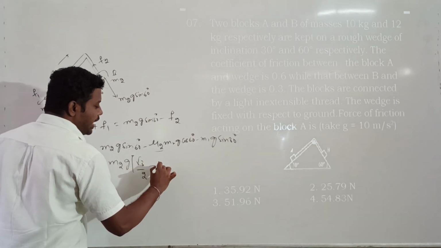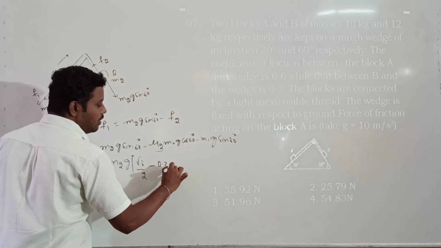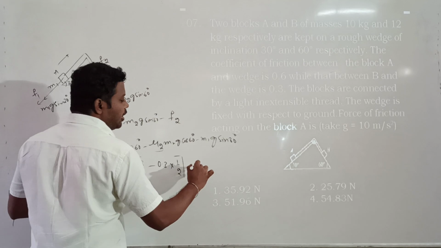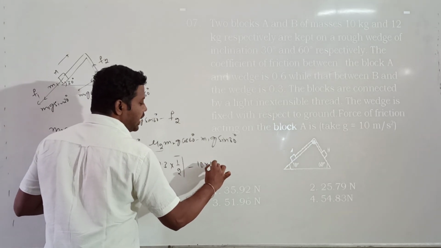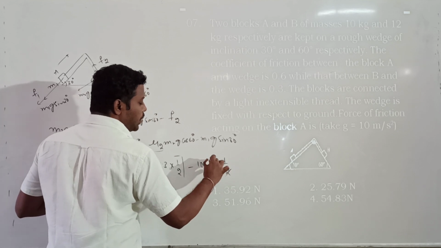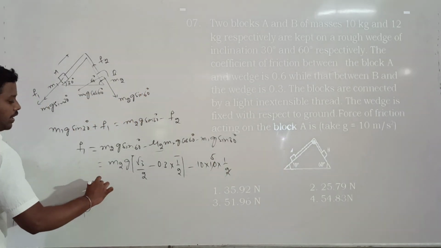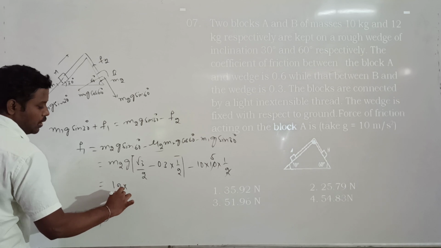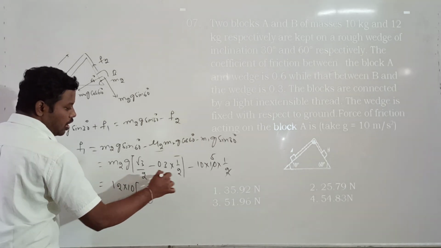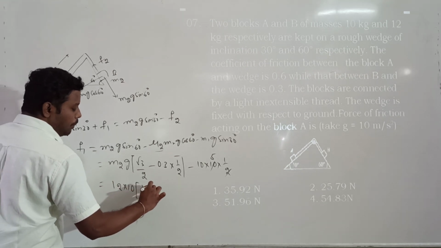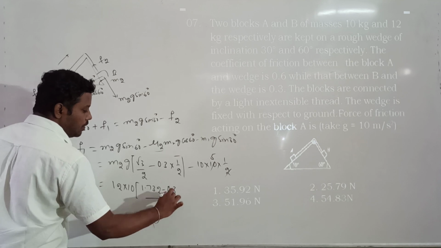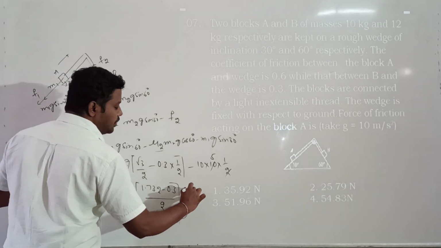So 0.3 into cos 60 value, which is 1 by 2, minus M1 value of 10 into G value 10 into sin 30 value 1 by 2, so that is 50. Here M2 value 12 into G value 10. So 2 is common, and I can write 1.732 minus 0.3 divided by 2, minus this value 50.